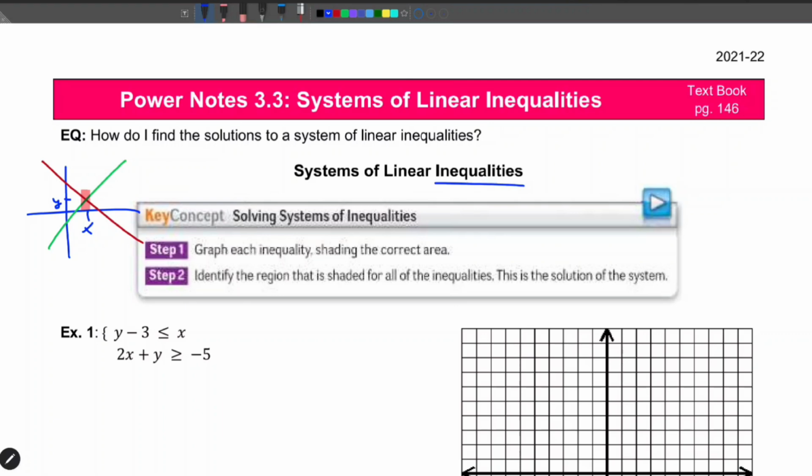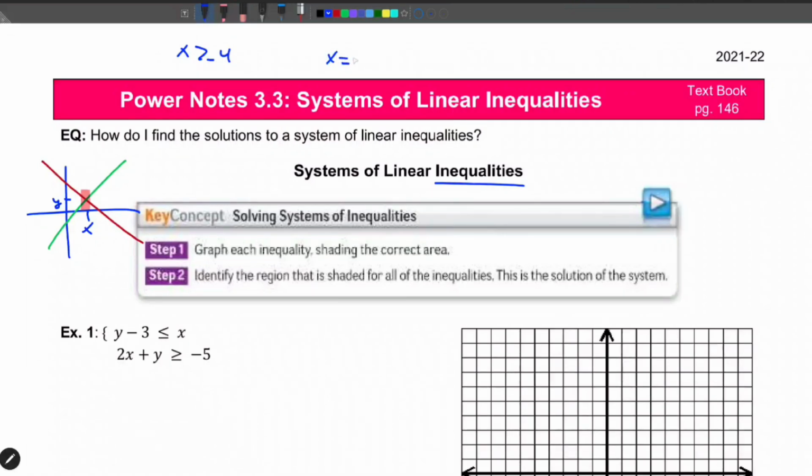And so what that means is, for us anyway, there could be an infinite number of solutions. And the only way to solve these is graphically. So I want you to think back, right? If we have x is greater than or equal to 4, then there's an infinite number of values that could be x, right?